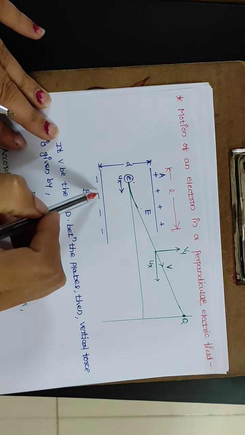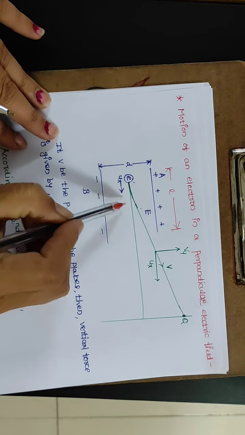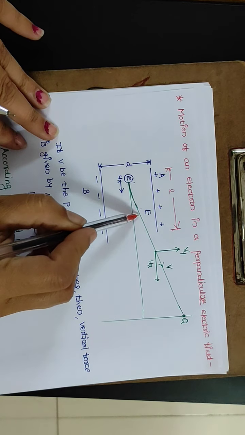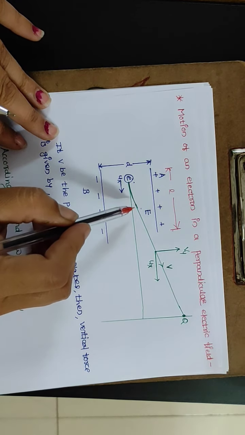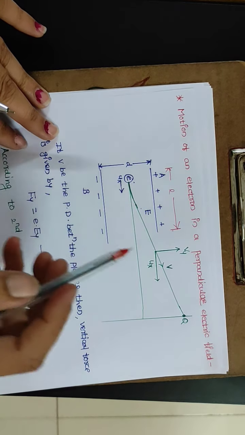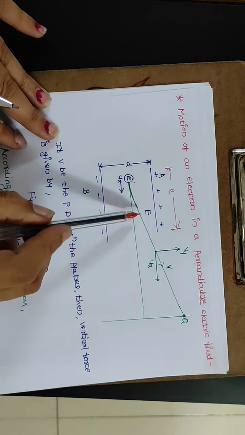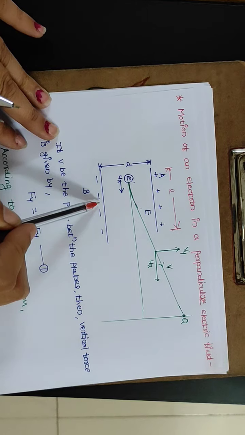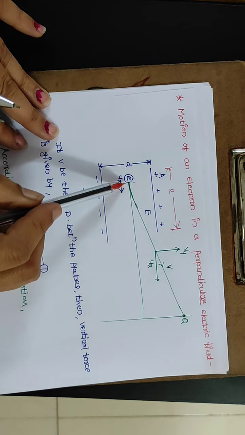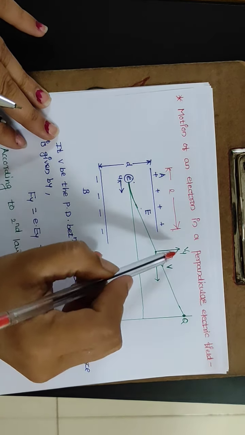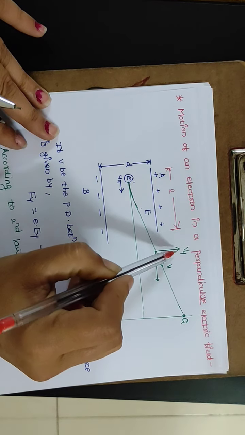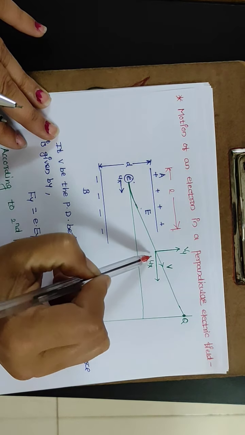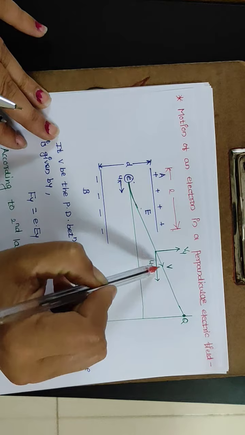As it enters the plates A and B perpendicular to the electric field E, it produces a force. Now when the electron passes through the plates A and B, it gets accelerated along the y-axis like this. This is the y-axis, and this is the x-axis.